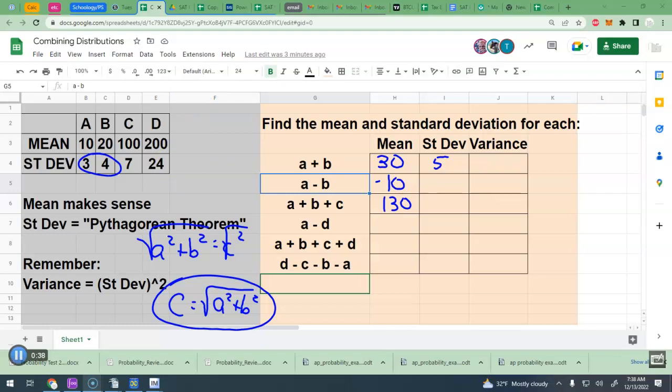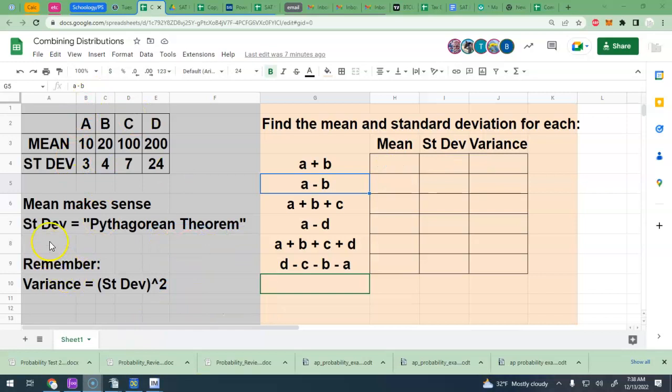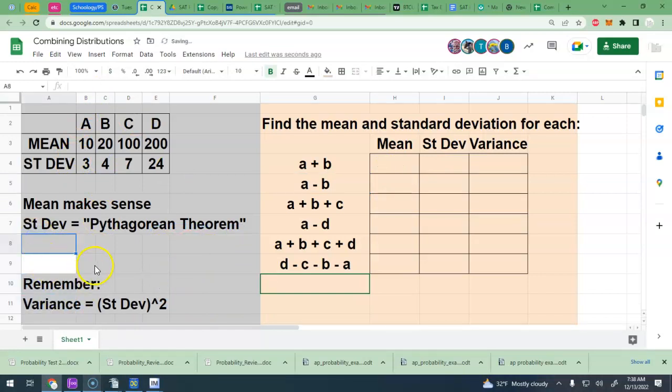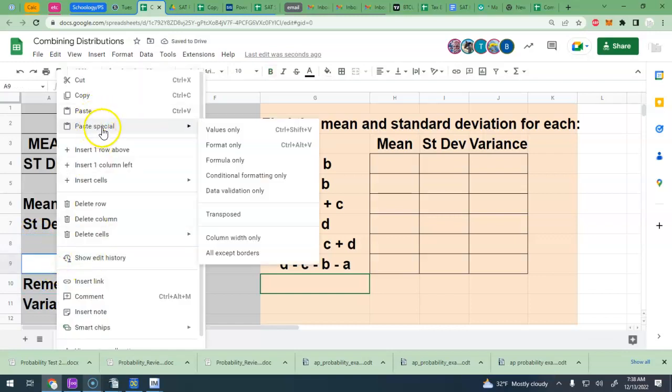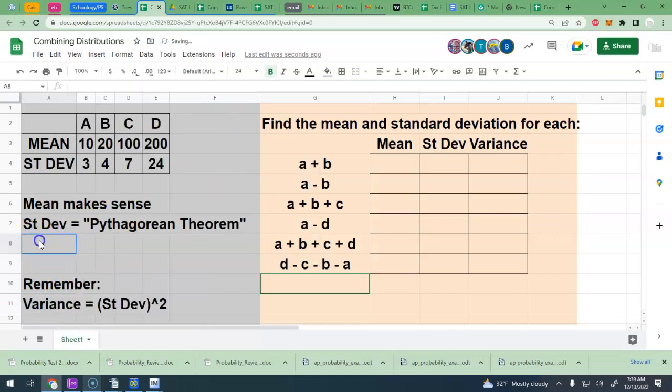The thing that does screw people up sometimes is that you do the Pythagorean theorem even if you are subtracting the data sets.